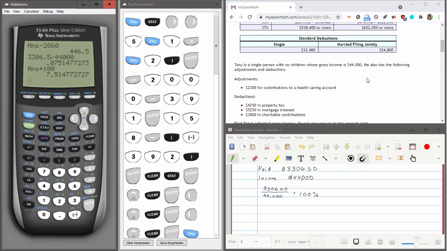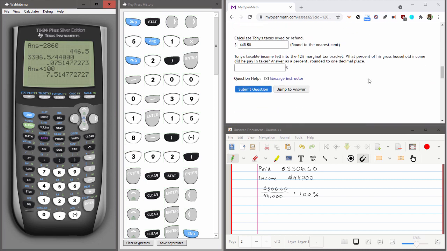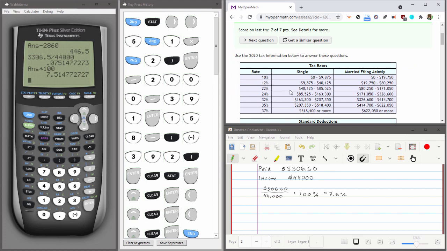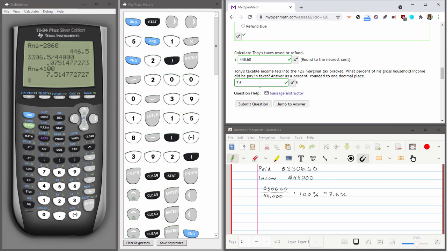If we round that to 1 decimal place, he actually paid 7.5% of his gross income in taxes. So even though he's in the 12% marginal tax bracket, he didn't pay anything like 12% of his income in taxes. He only paid 7.5%.